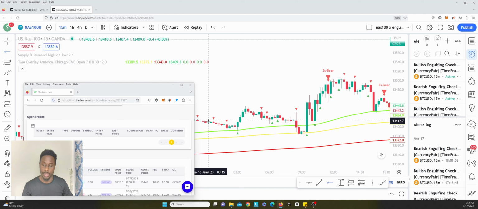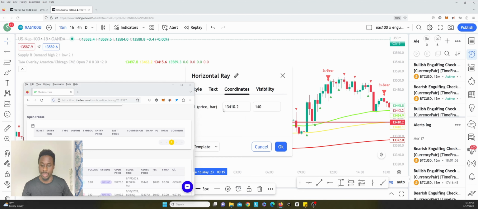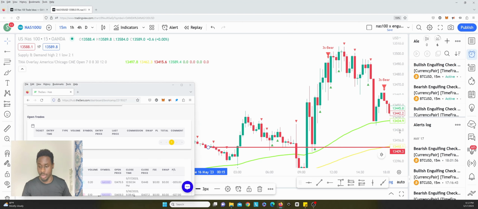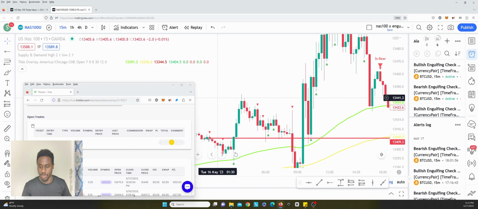It would have been this one, right? And it's saying here that I entered at 13,409.3, and that's looking accurate. That's on the candle, right? What did I do? I entered to the downside, right?